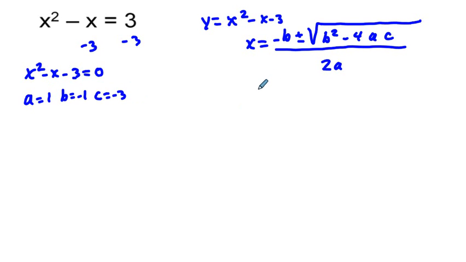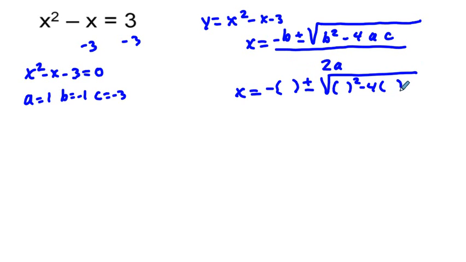In the quadratic formula, what I recommend for my students is that any place there's a letter, you put a parentheses to be filled in. So you have the first parentheses in place of this b, then plus or minus the square root of b squared minus 4 parentheses, parentheses, all over 2 parentheses.